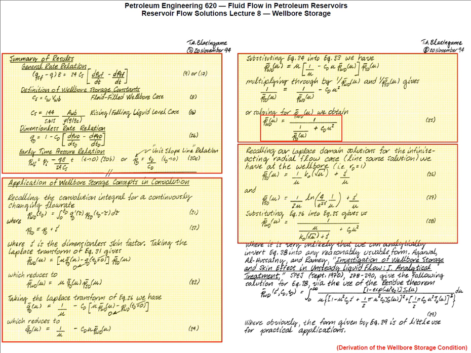Well, we have a model for QD. It's given by 26, and 26 has the result in it. It has PWD in it. It has the derivative of PWD with respect to TD. So the point is that QD requires PWD.